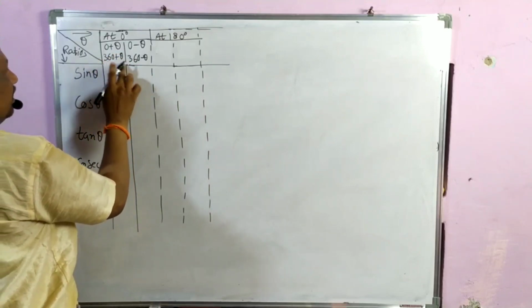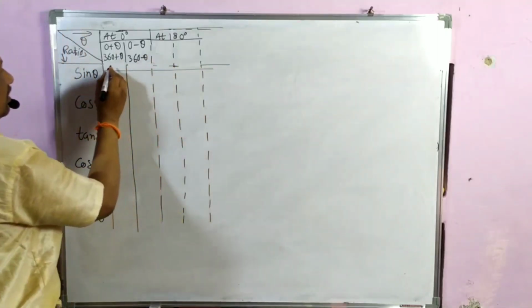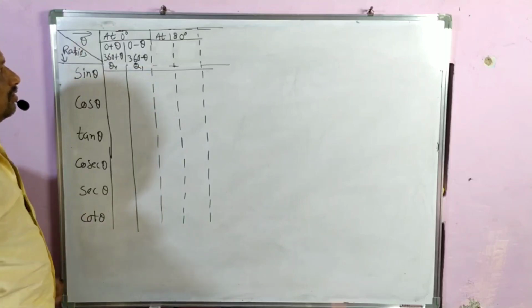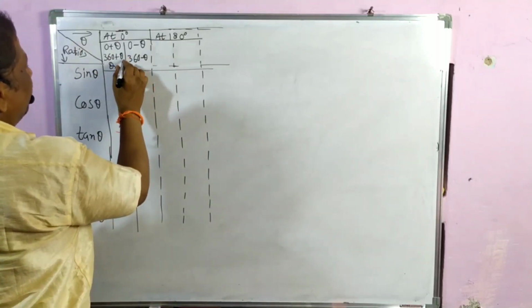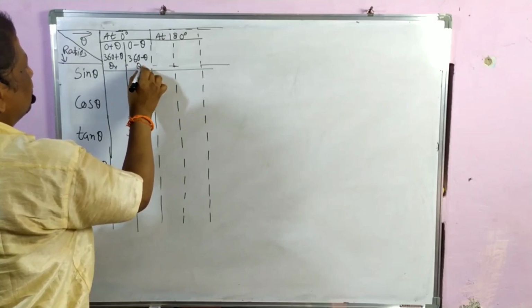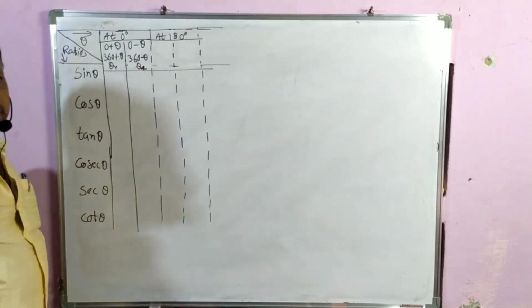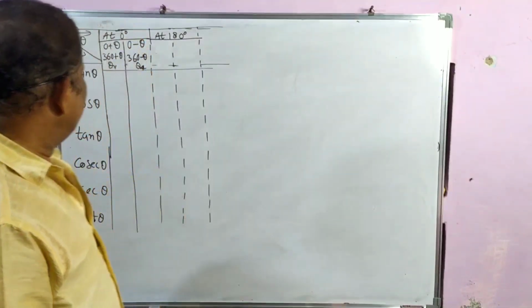That I also indicate here. This minus theta means it falls in fourth quadrant, Q4. 0 minus theta or 360 minus theta is fourth quadrant. 0 plus theta, 360 plus theta is first quadrant.